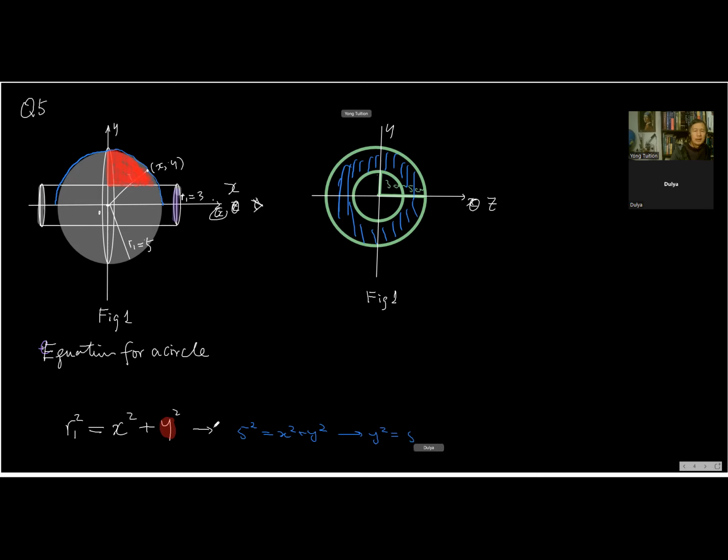In this part y is larger than 0, so we can pick the positive one. We're looking for y. Yeah, square root. We can pick the positive one if we just confine to this quarter. In other words, our final result must be multiplied by 4.